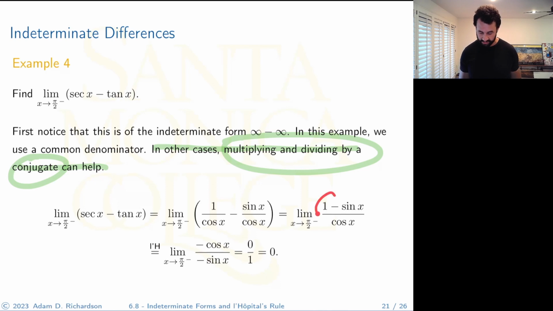So we differentiate the numerator, get negative cosine, differentiate the denominator, get negative sine. Now we can check again. Can we evaluate this limit? Well, let's see. Sine of pi over 2 is 1. Great. So the denominator is not 0 anymore. We don't have any indeterminacy in the numerator anymore.